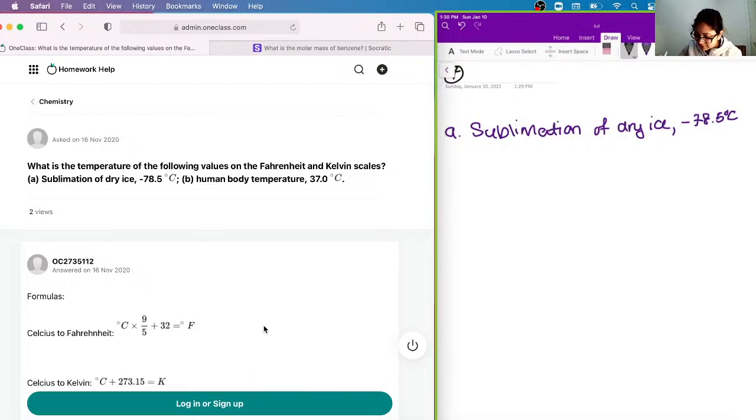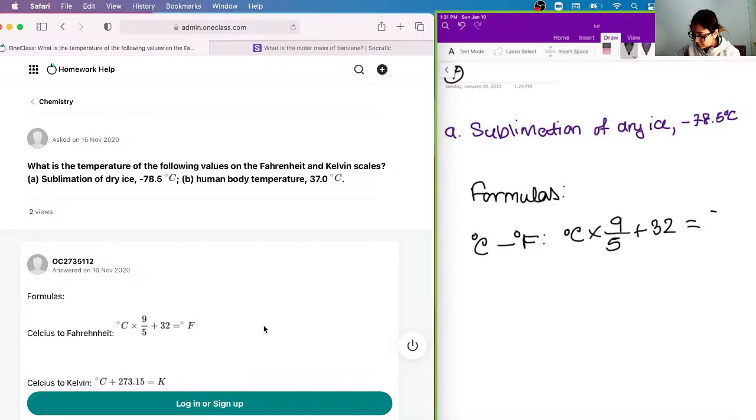So there's a conversion factor. So I'll say formulas. Okay, so you have Celsius to Fahrenheit. Your formula is basically degrees Celsius times 9/5 plus 32.